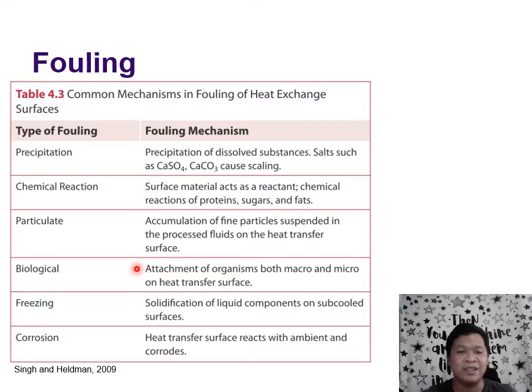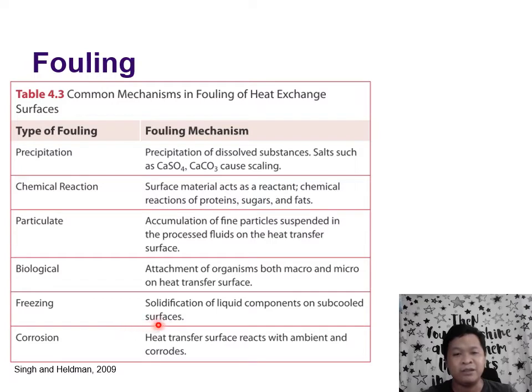So pwede siyang maybe insect na namatay at dumikit doon or something. In terms of cooling operations, meron ding freezing. Kaya tayo merong scrape surface heat exchanger nga for that, di ba?